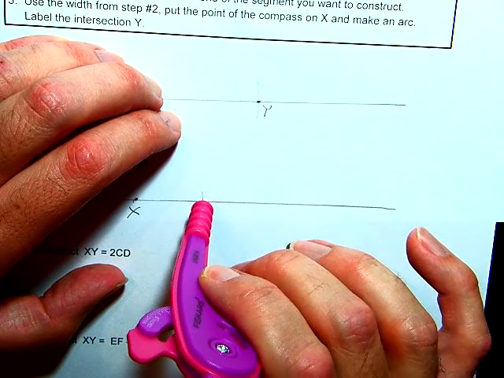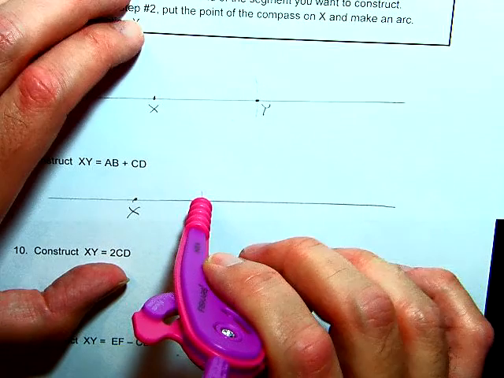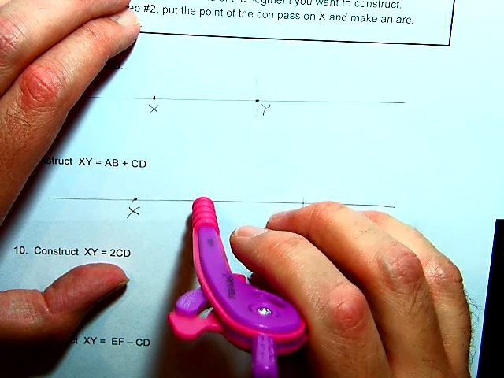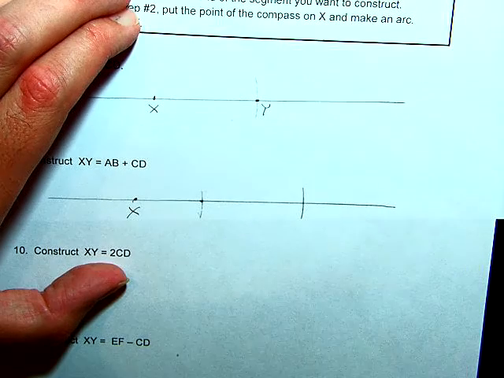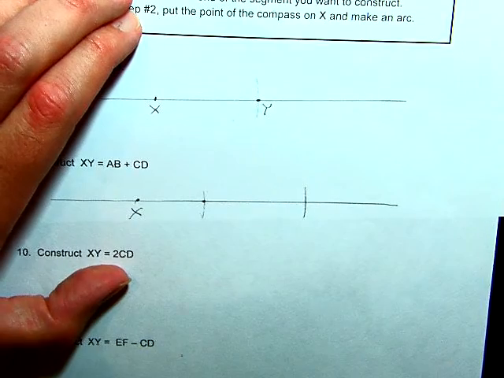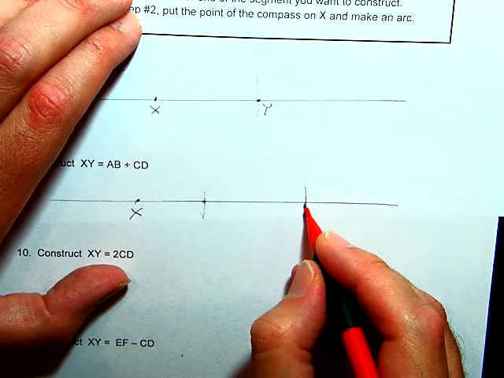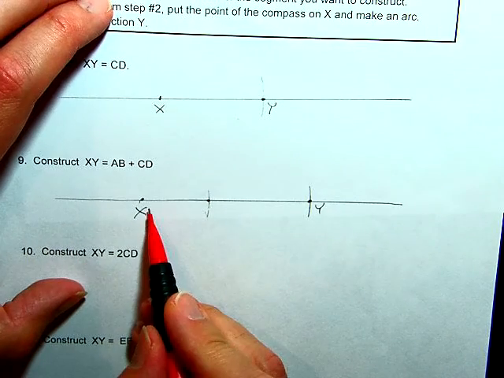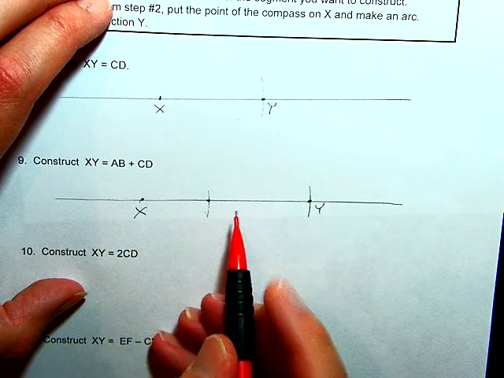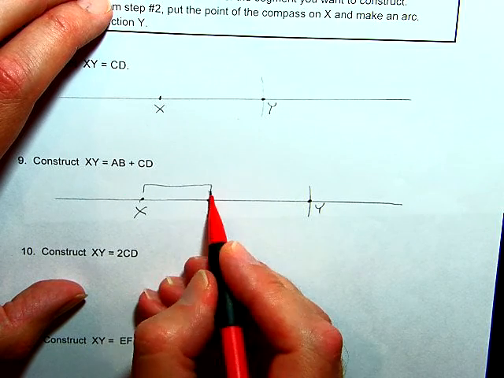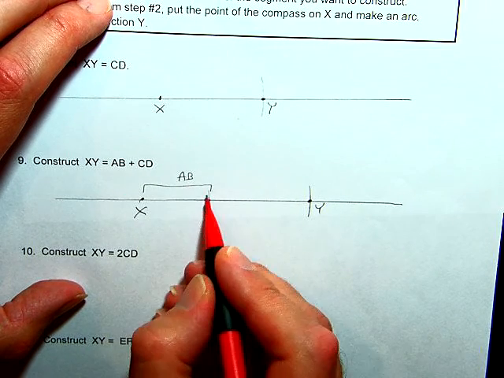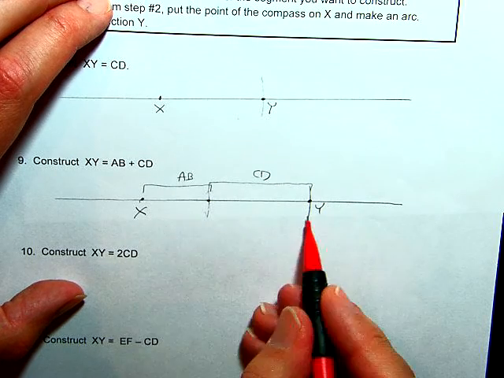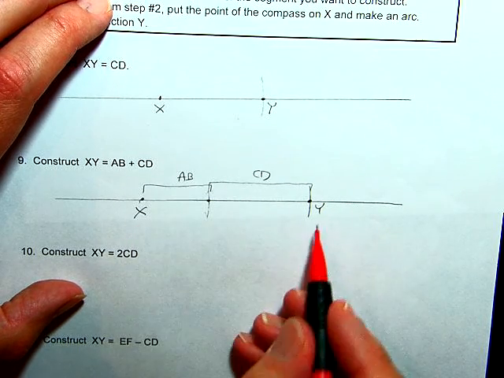I'm going to place the sharp end of the compass on top of that point, and now I'm going to trace another arc that intersects the line out over there. Where that arc intersects the line, I'm going to label point Y. This is the length of AB, this is the length of CD. So therefore, XY is the sum of the two.